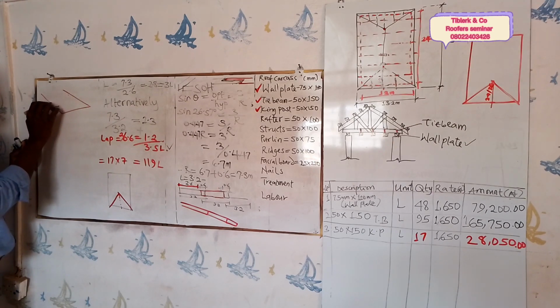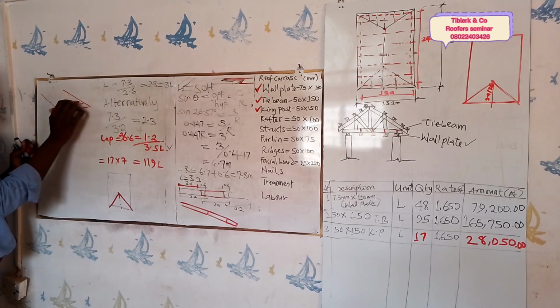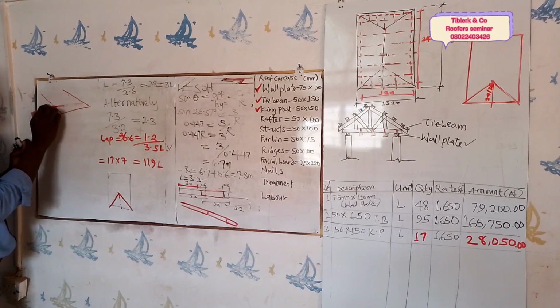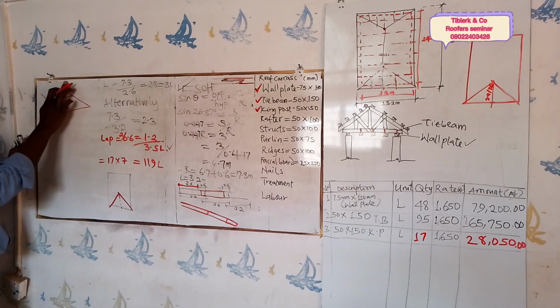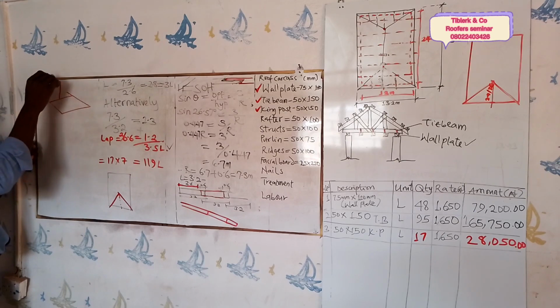This is a king post. King post should be this way, this angle.